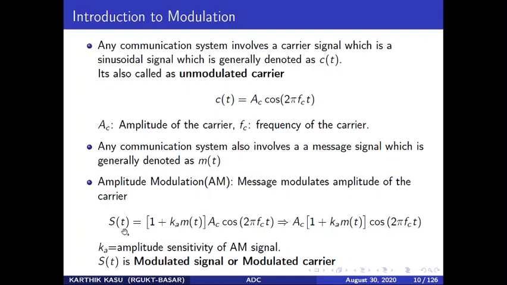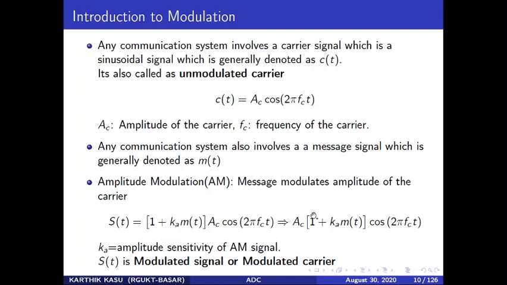Now, this is the equation of the AM signal. Please remember this. This is very important. s of t, that is the modulated signal or modulated carrier, equals bracket 1 plus Ka m of t close the bracket, Ac cos 2 pi fct. Now, what is Ac cos 2 pi fct? Our carrier. If I say carrier, by default it is the unmodulated carrier.